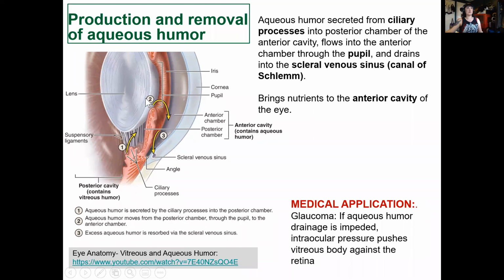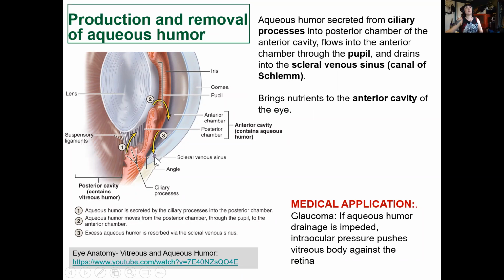So hopefully these edge cells that are the ones that are still alive get oxygen and nutrients and dispose of wastes. And then the fluid flows out through your pupil into the anterior chamber and also bathes the cornea before being reabsorbed into the scleral venous sinus, which also has a fun name, the Canal of Schlemm. Schlemm being the last name of a guy.